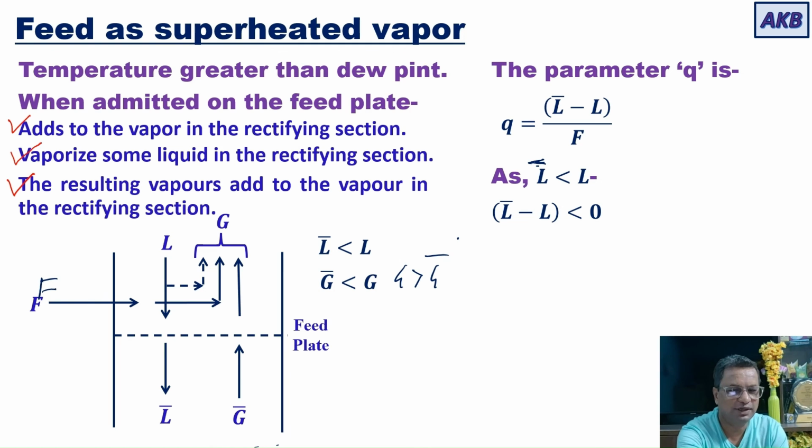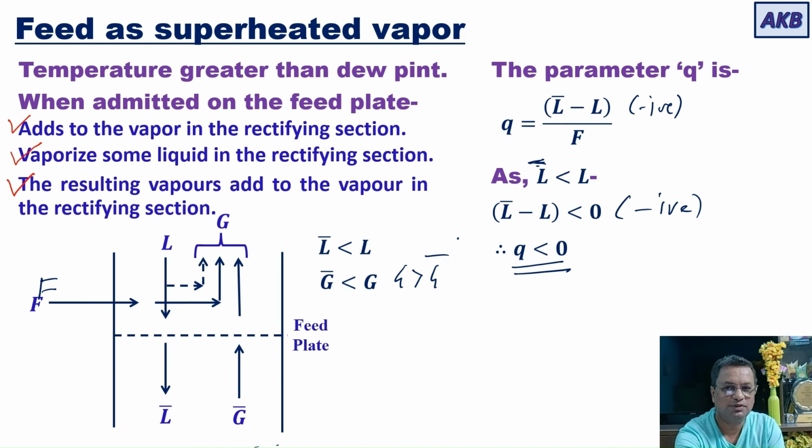That means it will be a negative value. So in the numerator, you have a negative value. That means Q will also be a negative value. So when you have superheated vapor as a feed to a typical tray column, then the value of the parameter Q is less than 0. So over here, you have understood why Q has a negative value for superheated vapor.